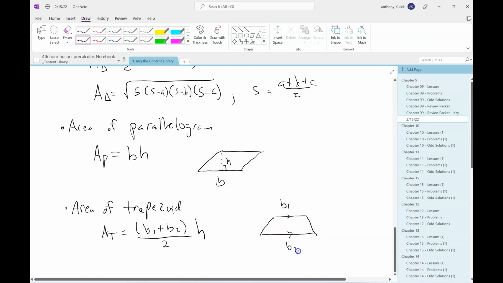Those are the bases. We call that B1 and B2. And then the height of the trapezoid could be not a side length. I usually like to say the average of the bases times the height instead of 1/2 B1 plus B2, but you know, whatevs.